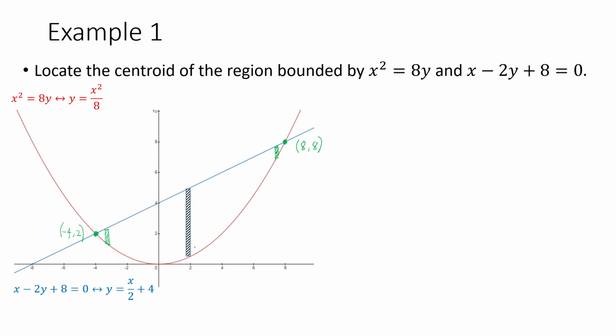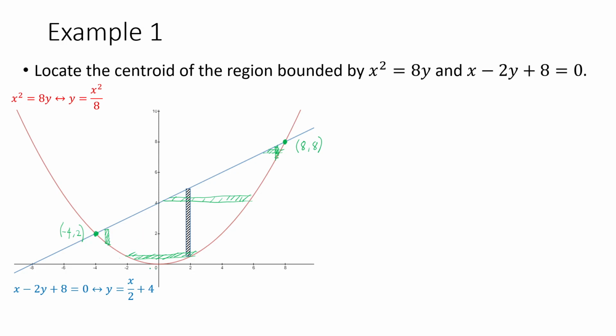Blue upper, red lower. So if I'm going to try to use the horizontal strip, let's say I'm going to place it in the middle first. So right is red, left is blue. If I place it at the top, right is red, left is blue. But if I place it at the very bottom, notice that it's not consistent anymore because the right side is red, the left side is red also.